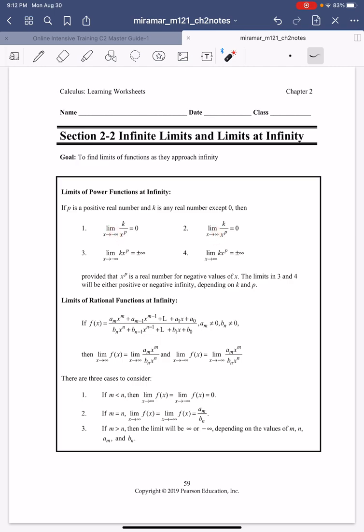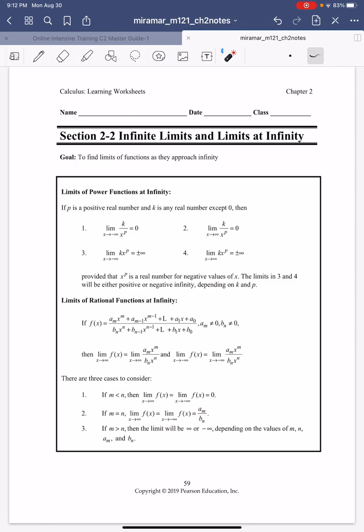What happens is, if p is a positive number and k is also a real number, then we have a number divided by a really big number, and generally the fraction goes to 0. So the limit as x approaches negative infinity or positive infinity of this constant over a power function will be 0.